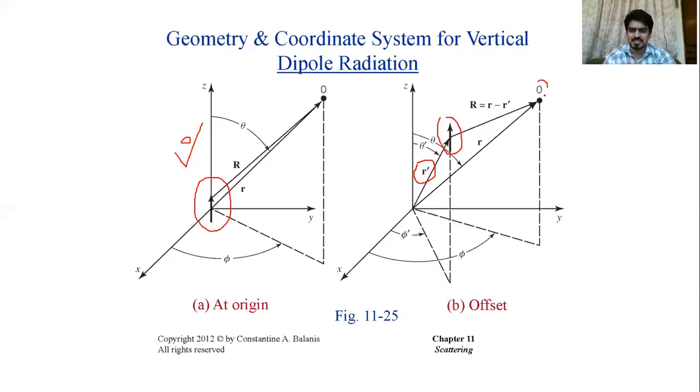So now you can see that when we displace our line source, vertical dipole, from the origin of your coordinate system, instead of this capital R, now that becomes R minus R prime. So this is your new capital R.